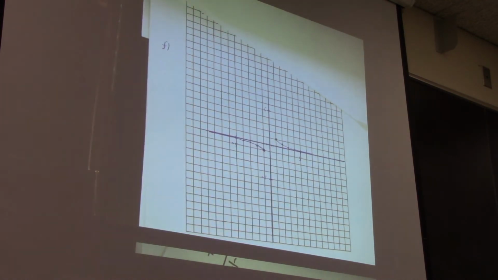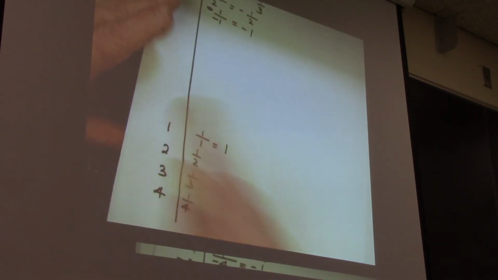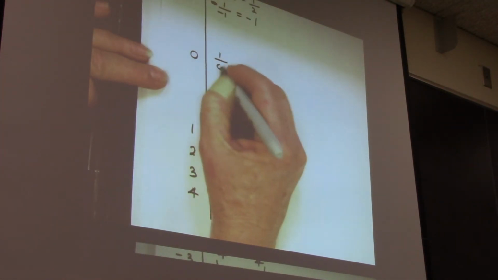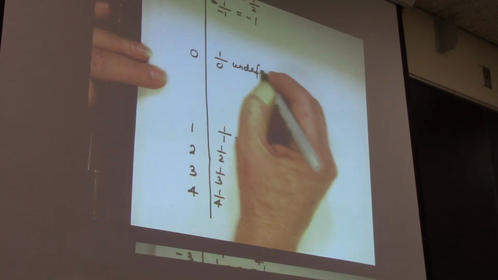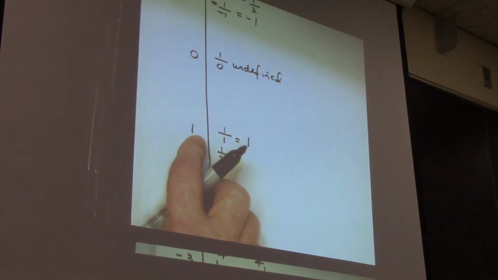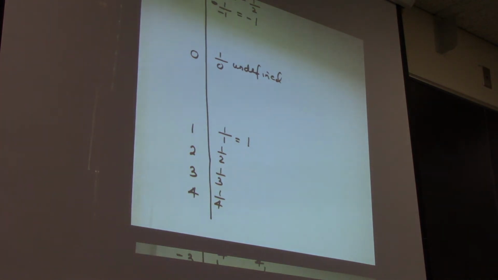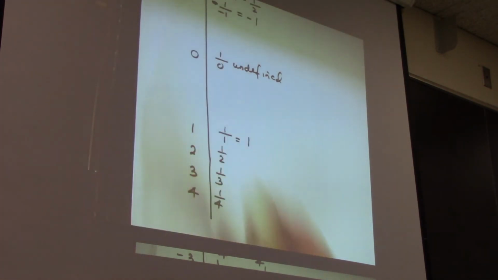It's only x equals 0 that is not in the domain. So let's see what's happening. I think I'll do the positive fractions first. Here we got undefined, but I'm going to pick some numbers really close to 0 on the positive side and on the negative side.